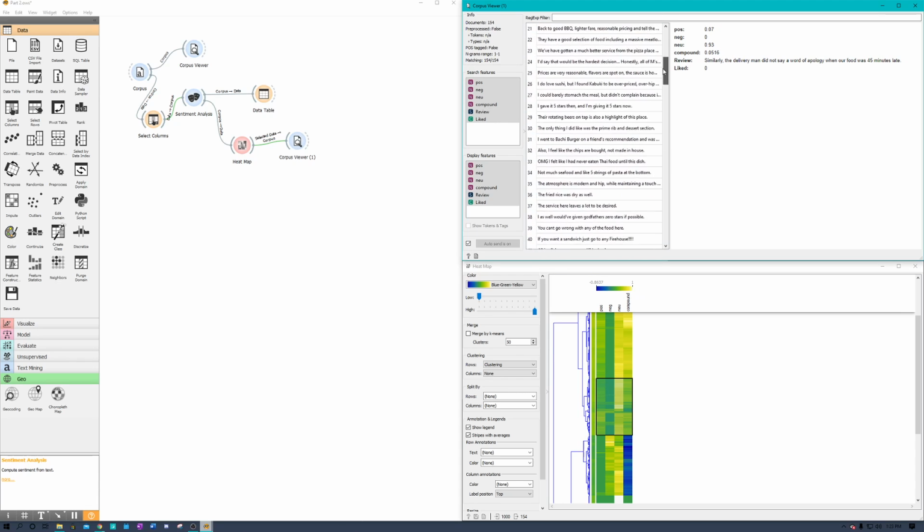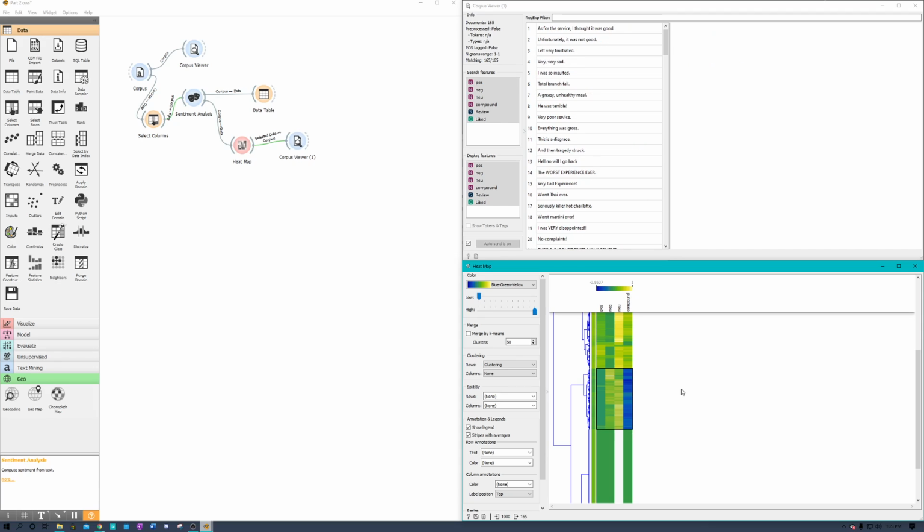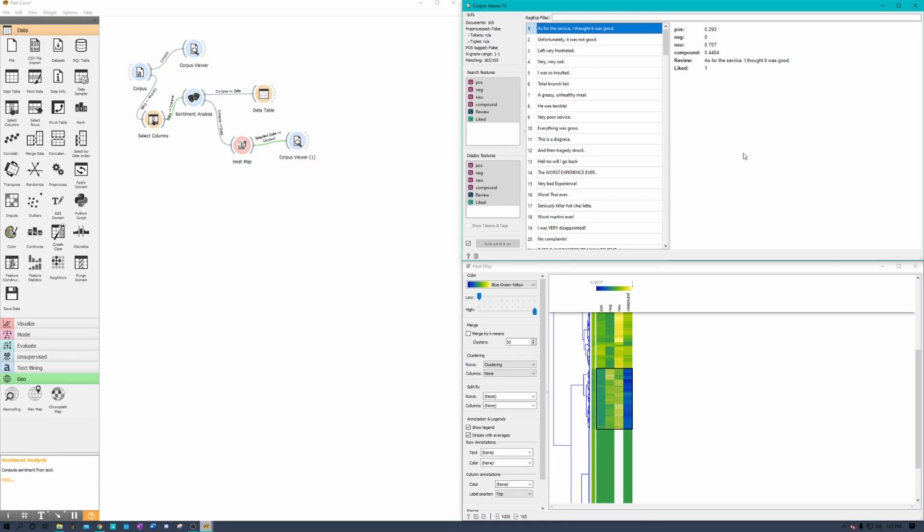Once it started getting a little hairy down here, it was not extremely accurate, probably because there were more neutral words, so it wasn't really sure which way to go, which makes sense.